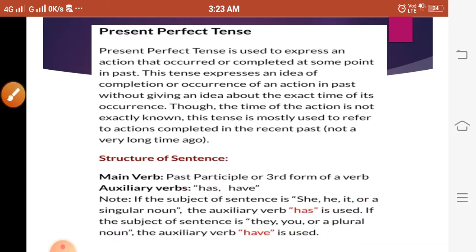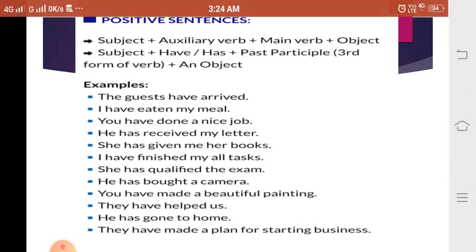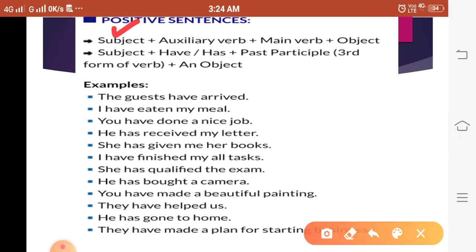Clear? Now see how positive sentences are formed in present perfect tense. First we write the subject. The subject is the doer of the sentence, then the auxiliary verb, then the main verb, which is the third form of the verb, and then the object through which the action of the sentence is being done.